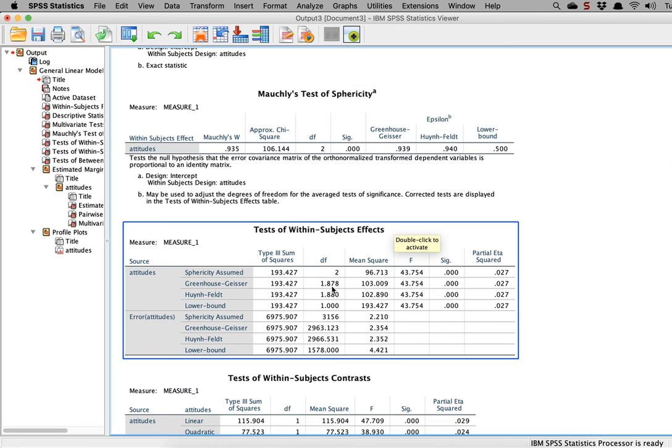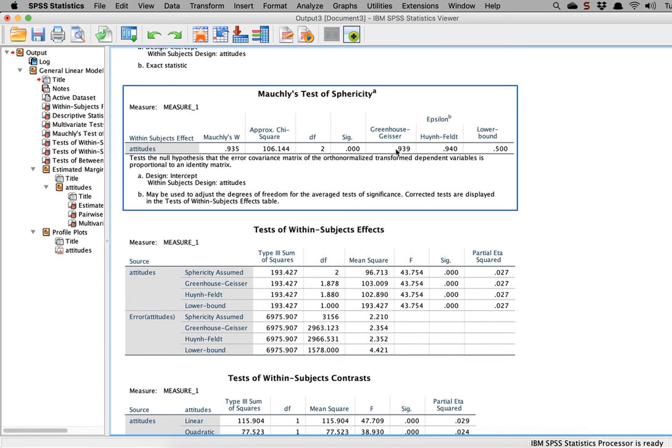which is a correction of your degrees of freedom to prevent the fact that you're increasingly likely to make a type 1 error. One would mean I'm not significantly different. So if these were both 1, this value would be above 0.05. If it's greater than 0.75, I would look at the Huynh-Feldt correction of 0.94.